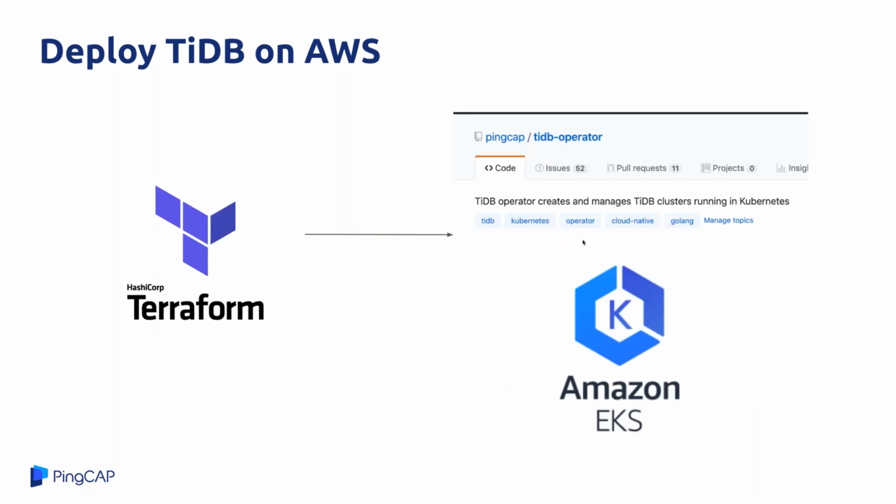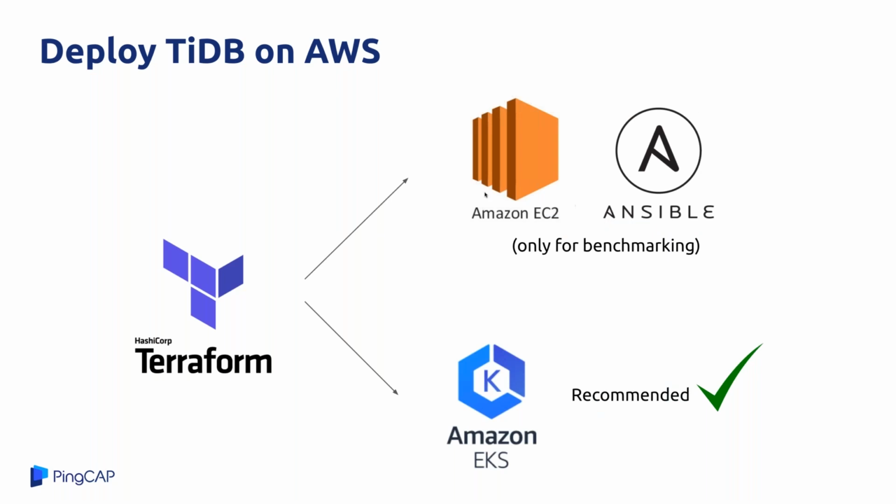One is, for example, we use Terraform to provision the AWS EC2 machine and deploy TiDB Ansible to the EC2 machine, and use Ansible to deploy the whole TiDB components.